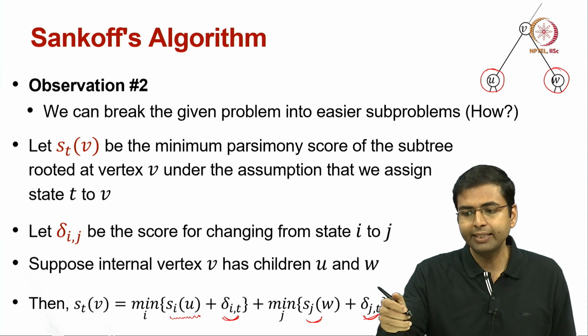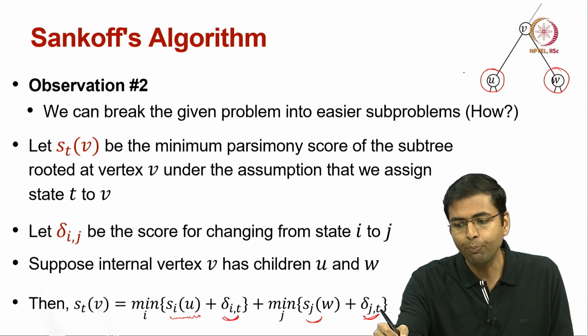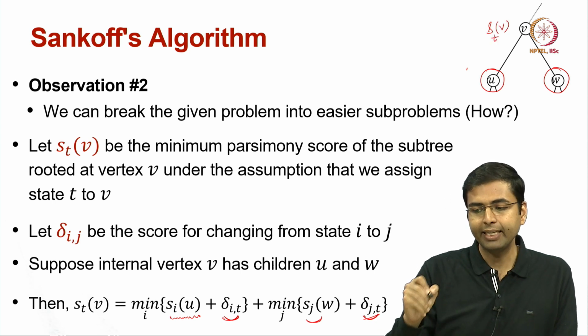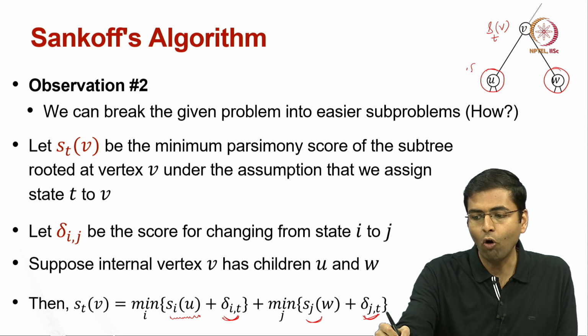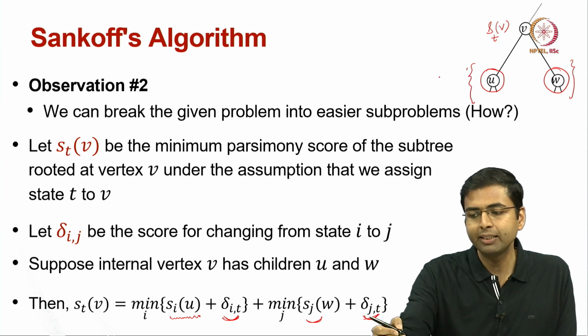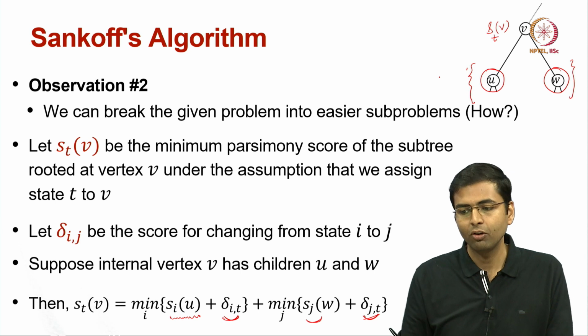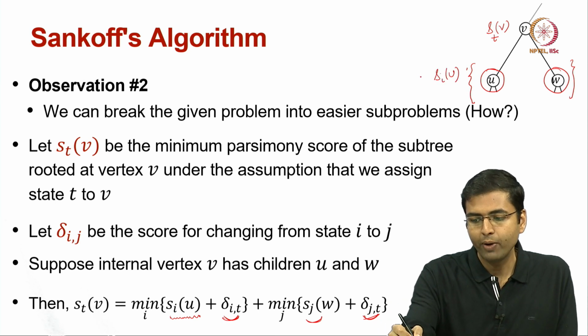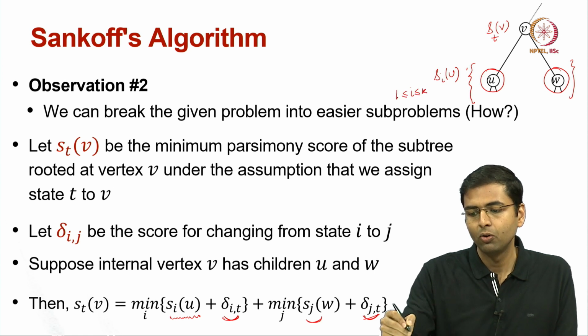So, in other words, we are saying that we will consider all possible states here. So, to calculate S_t(V) at state t, we will enumerate over all possible states at u and we will enumerate over all possible states at w. So, I can say S_i(u) where i belongs to 1 to k.